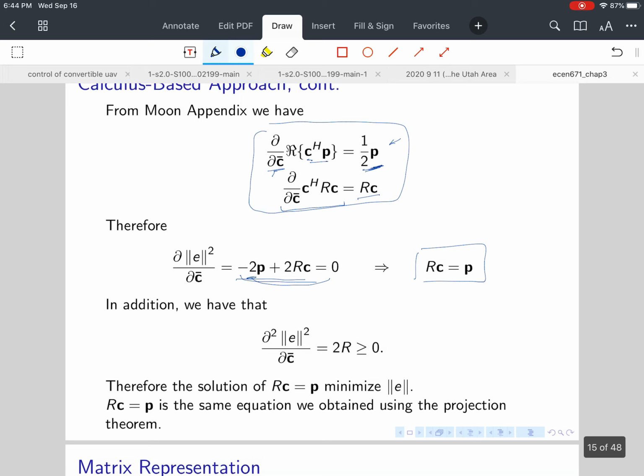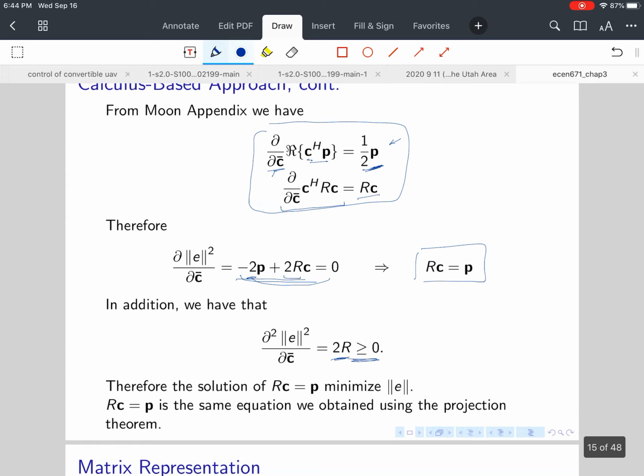If we take the second partial now, with respect to c complex conjugate, what do we get? We get 2R. And we already know that R is positive semi-definite.